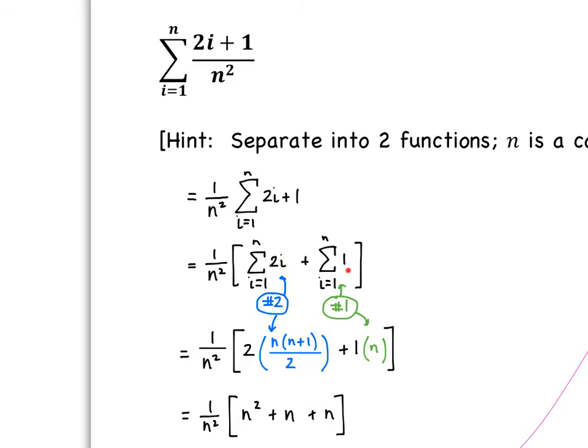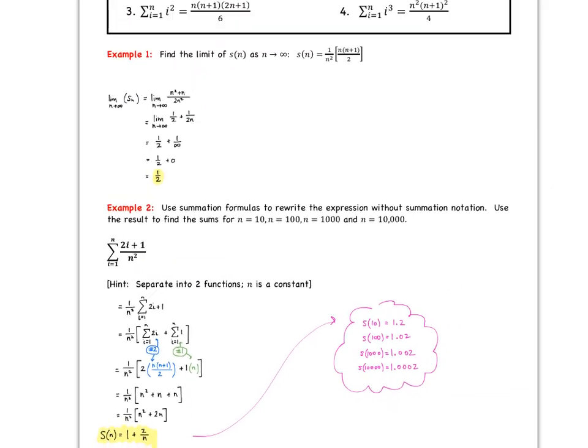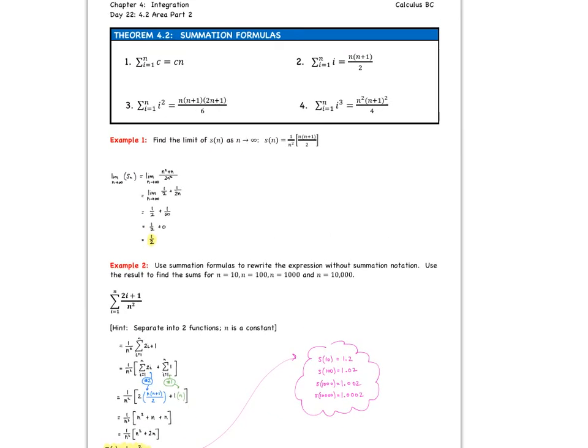If you take a look here, I just have a constant c, so this stems from the first formula up above. So the first part is this formula number 2, where we have the sum from 1 to n of i. The second part, the green down below, is the sum from 1 to n of a constant c.